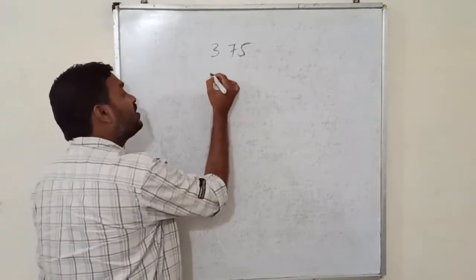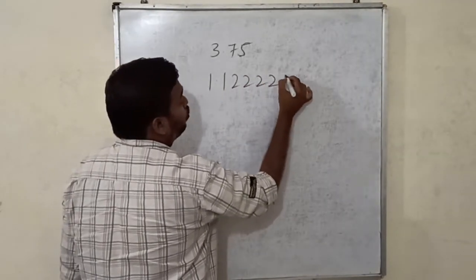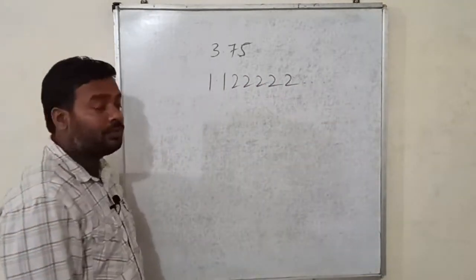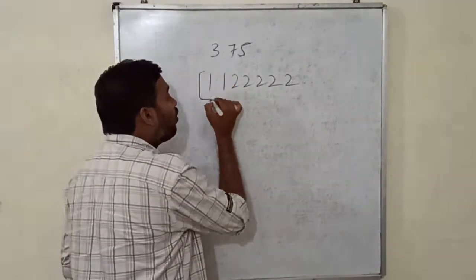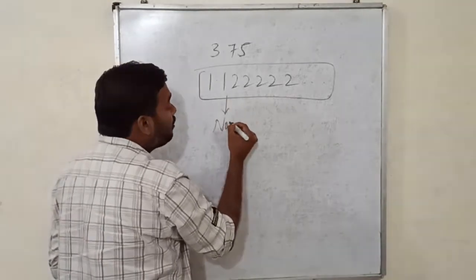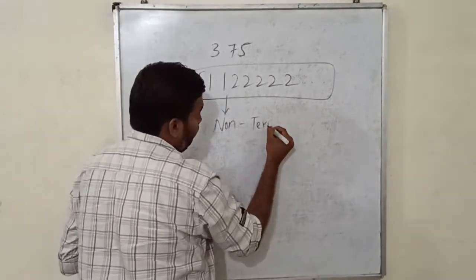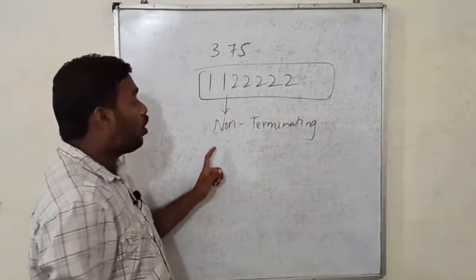If there is further continuation, say 1.12222 and so on, that means 2 is continued. This type of decimal is known as non-terminating. Non-terminating means non-stopping, which does not stop.